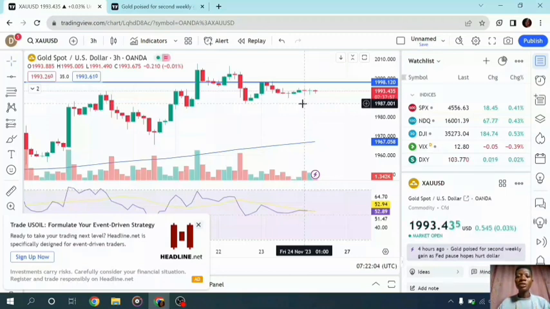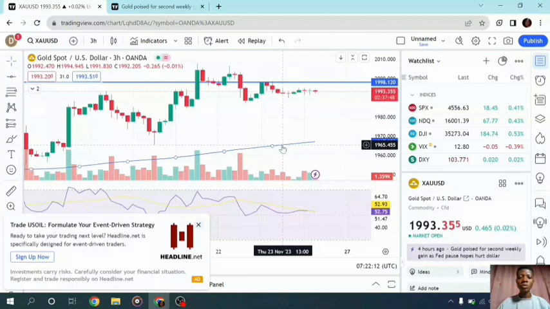And how do we do that? First of all, we have our 200 EMA here. You can see this line here. This is our 200 EMA, and our 200 EMA is below our current market.